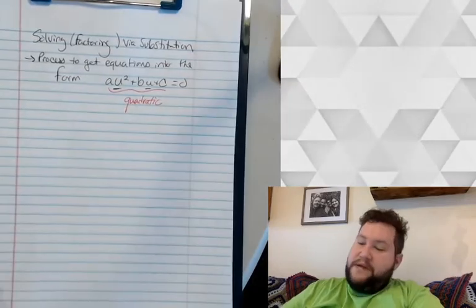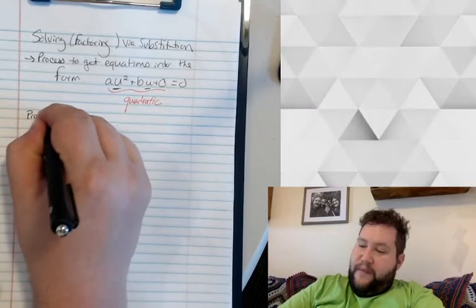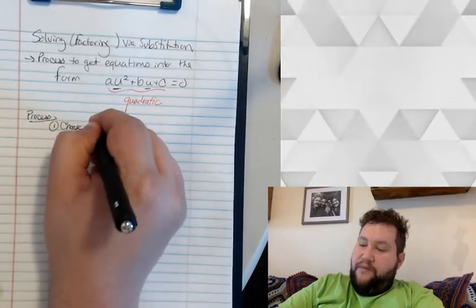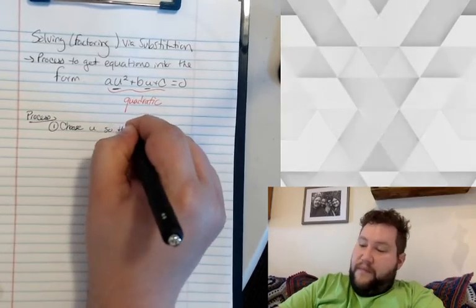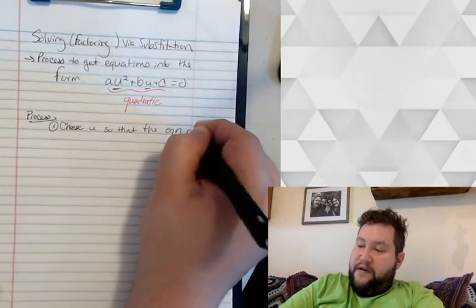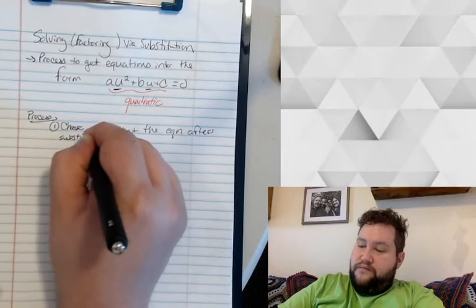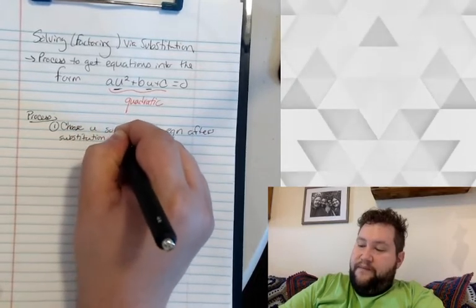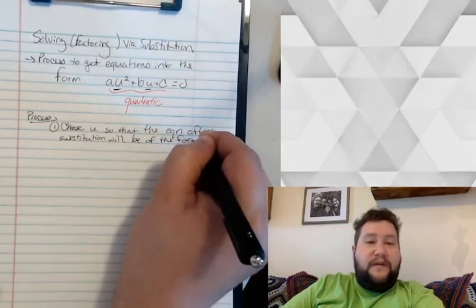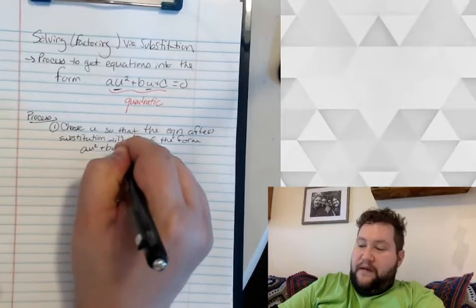It's because what we're going to do, so our process, is we're going to choose u so that the equation after substituting will be of the form, and this will make more sense once I do an example, au squared plus bu plus c equals 0.